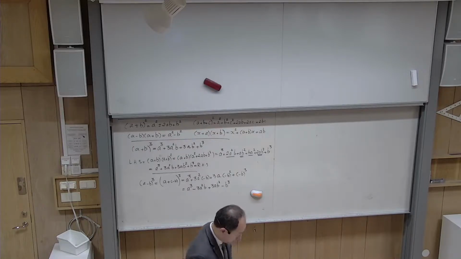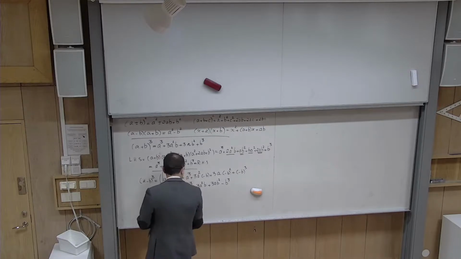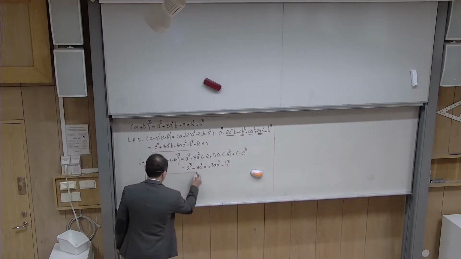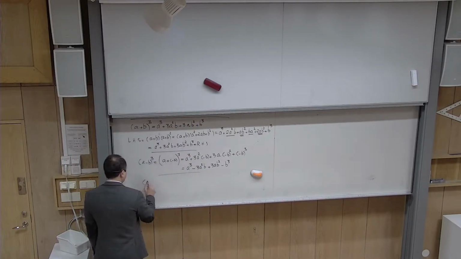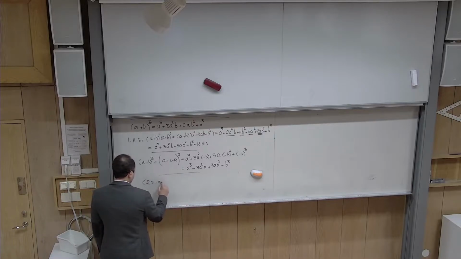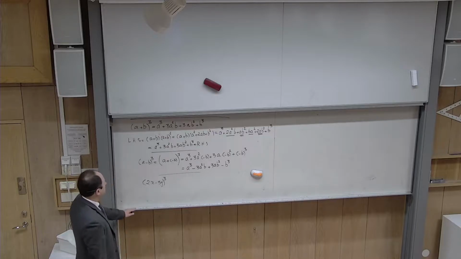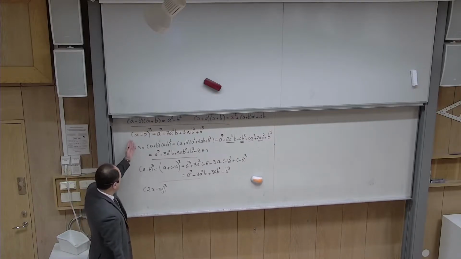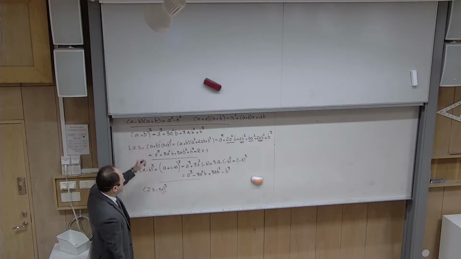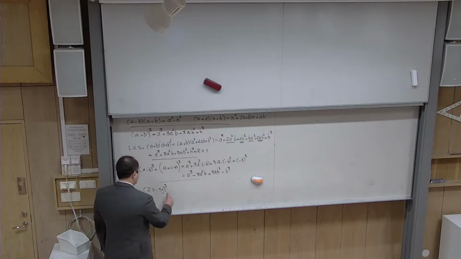We can, for example, just let us calculate this. Let's expand this. I want to write 2x minus 3y to the power of 3. Can I use this identity? I would say yes, because I have a binomial and I want to raise it to power 3. Whenever I need to do this, I can use that. Okay, so what can I do?